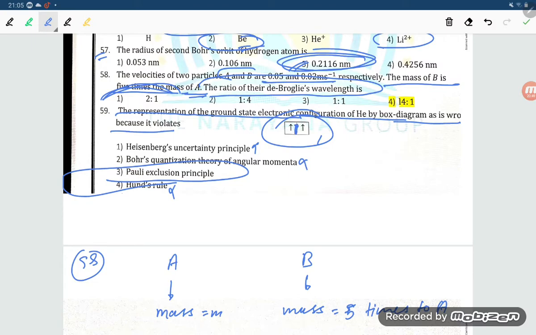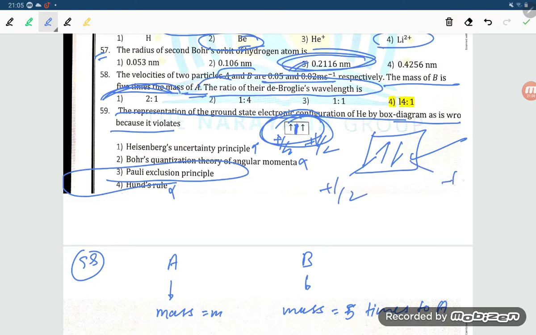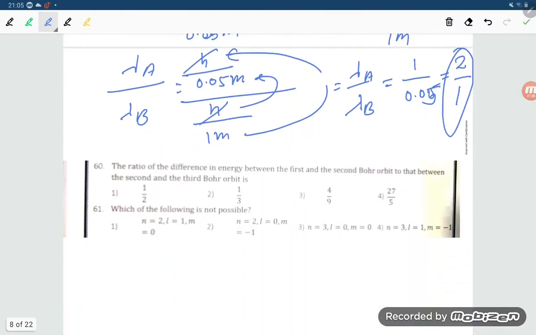In between there is a line that is wrong. The correct representation is this, but both spins cannot be plus half. One should be plus half, another should be minus half. So this goes to option 3, Pauli exclusion principle.